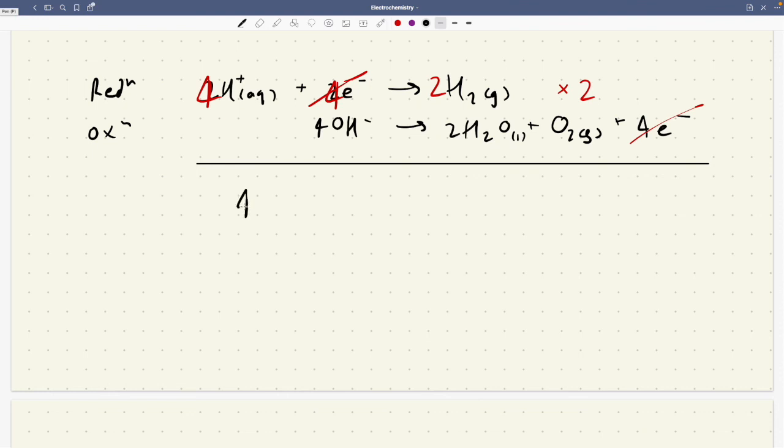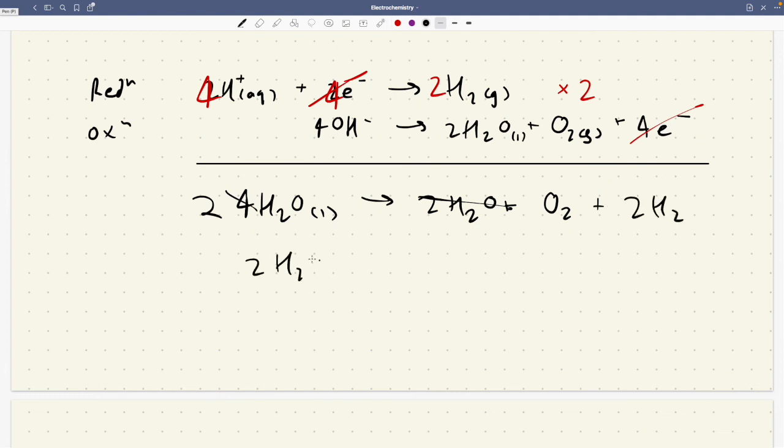So let's put that together and just say 4H2O goes to 2H2O plus O2. Well, we've got the same thing on both sides of the equation. So 2 of these waters are remaining unchanged. I forgot the 2H2 as well. So down here, we've got 2H2O liquid goes to O2 gas plus 2H2 gas.